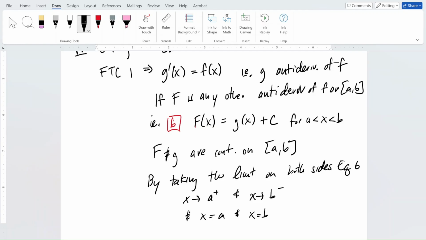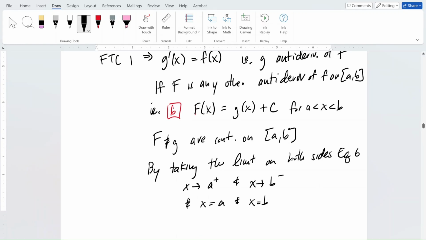So we can still have these still being true, even though my original number 6 is only between a and b strictly.